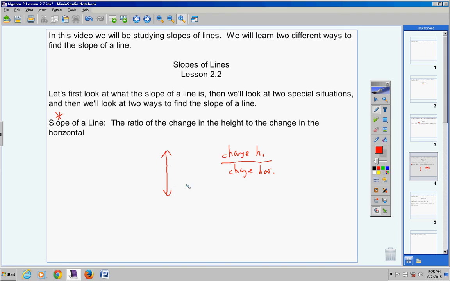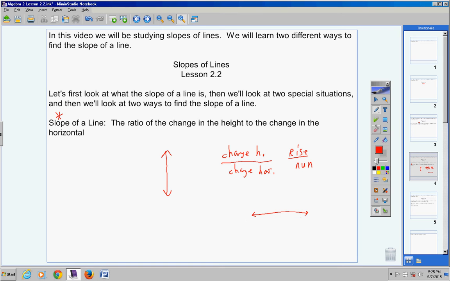Change in height. Horizontal means movement going left to right. And if you'll remember from Algebra 1, this ratio makes sense because rise over run is one of your formulas for slope. Rise referring to the change in height. How much did you rise? How much did you go down? And change in the horizontal refers to the run, going left, right.